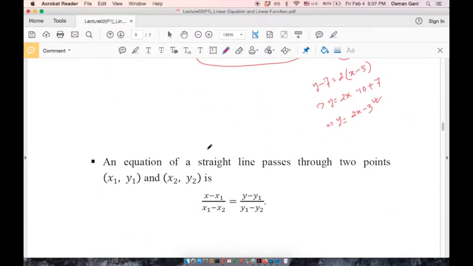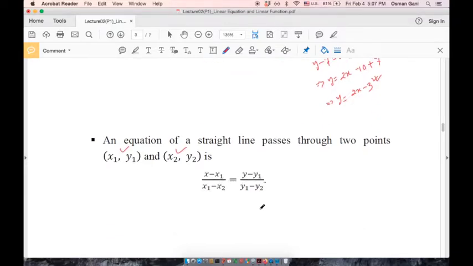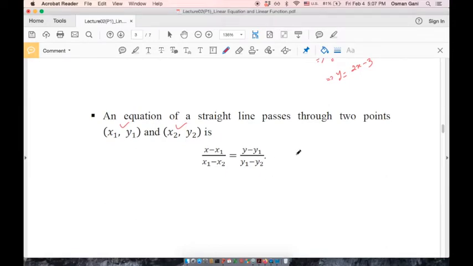And again, if you know two points on the line, then directly you can use this formula: x minus x1 divided by x1 minus x2 equal to y minus y1 divided by y1 minus y2. Let's say you know an equation passes through two points, 2, 7 and 5, 11.